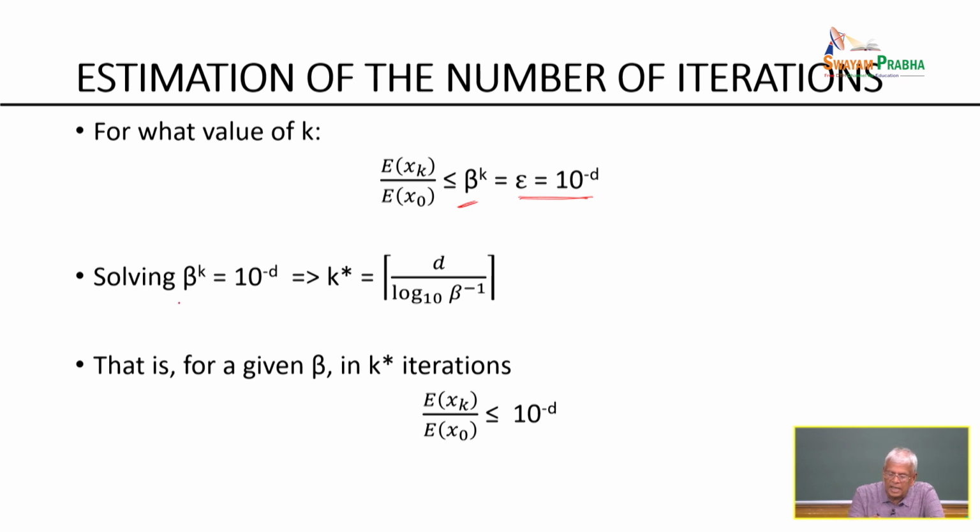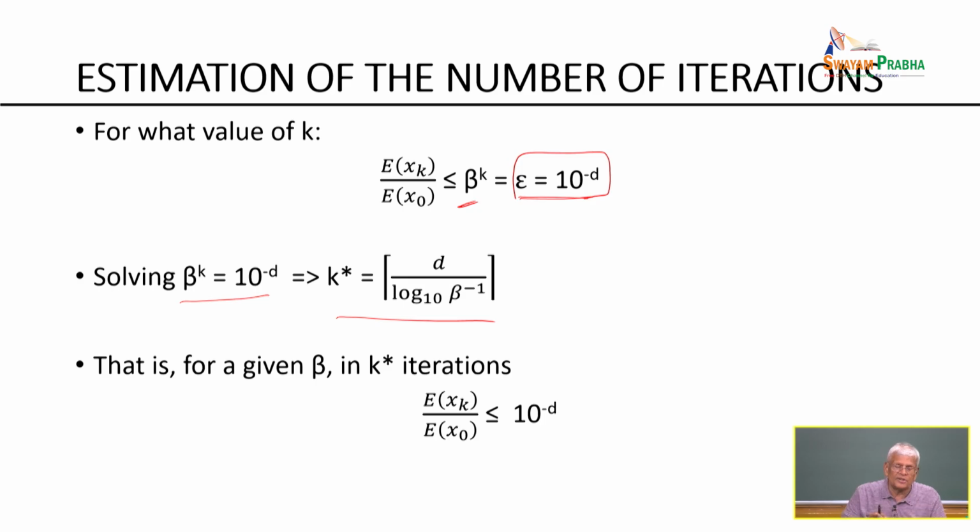So, if beta to the power k is 10 to the power of minus d, by solving this we can now express k star is equal to d over log base 10 of 1 over beta. That you can readily see by taking the logarithm of that. So, what is d? D is the accuracy I demand.